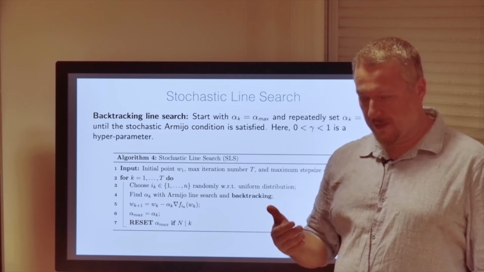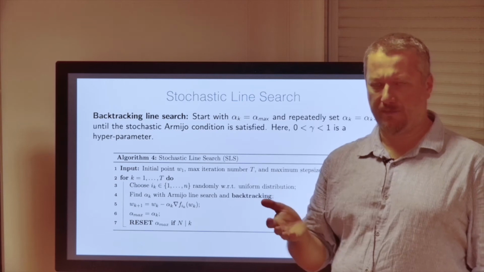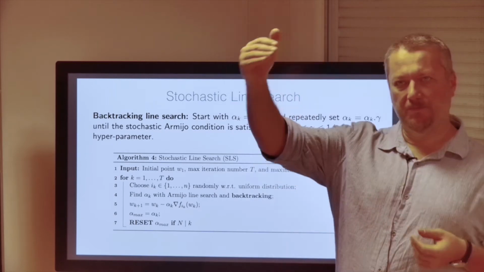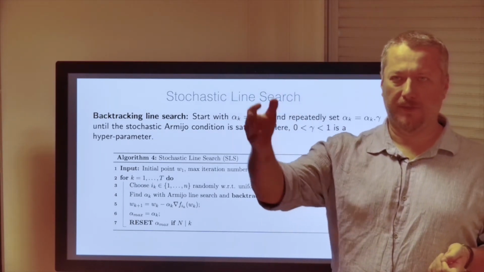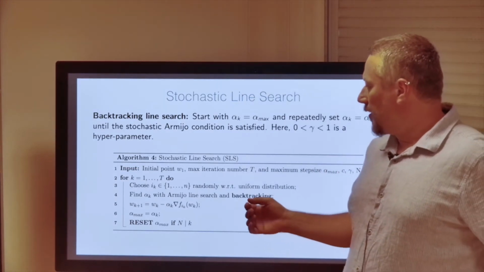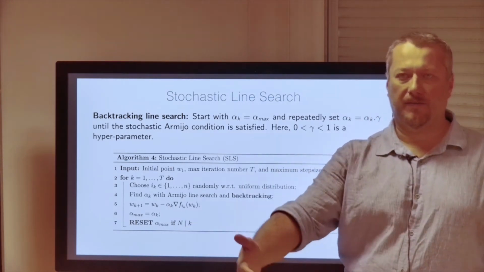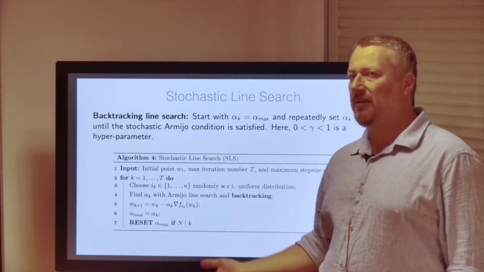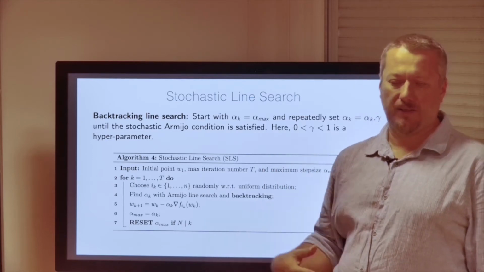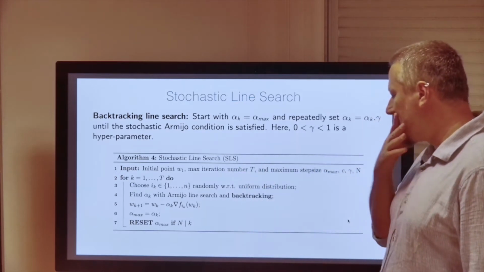To prevent that, once in a while you want to reset your maximum step size, alpha max, so that you give the algorithm a chance to start from a big step size, and hopefully the algorithm runs faster, with a faster rate. So you choose a capital N, and in every N steps you reset your alpha max, and you can choose different ways to reset it. You can return to the original value, or you can modify it with some algorithm that you choose.